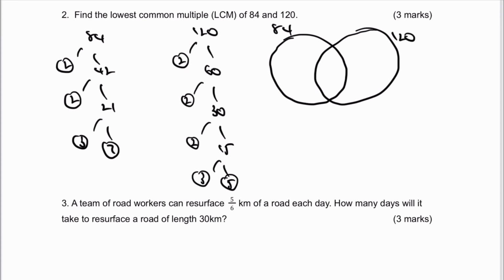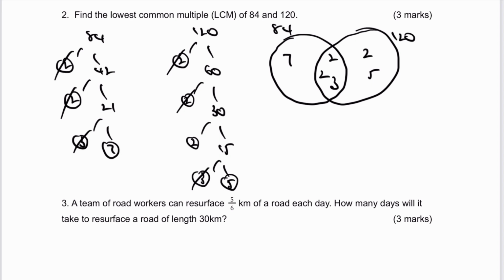So if I look now at my factor trees, it's fairly easy for me to look at the ones which are common to both by just reading across. And you can see here that 2, 2 and 3 are actually common to both 84 and 120, which means that in 84 I've got 7 left, and in 120 I've got 2 and 5 left.